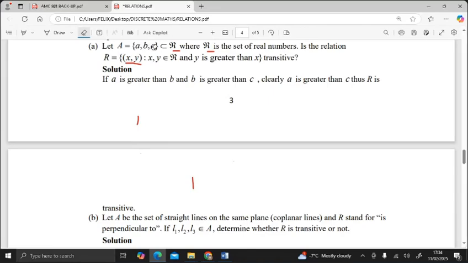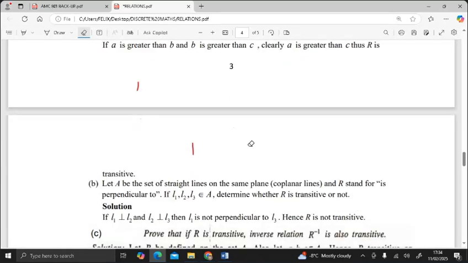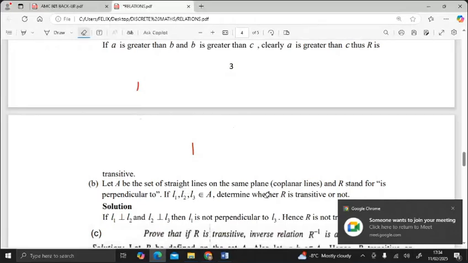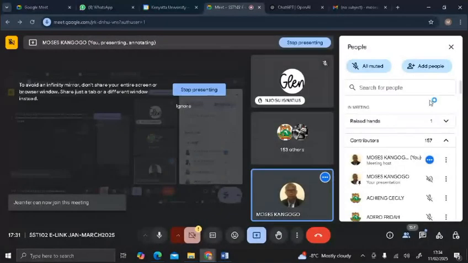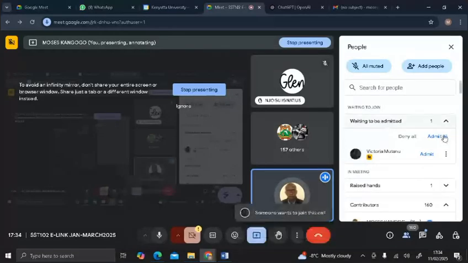But if you are to show this, you are supposed to use what has been given here, not go to specifics. So if A is greater than B and B is greater than C, clearly A is greater than C, and therefore R is transitive.